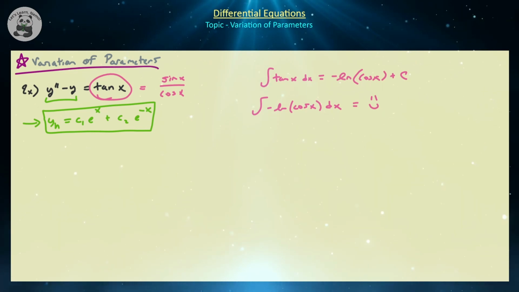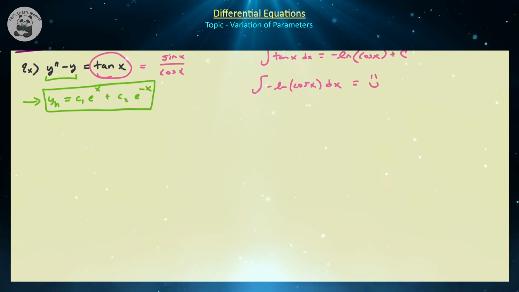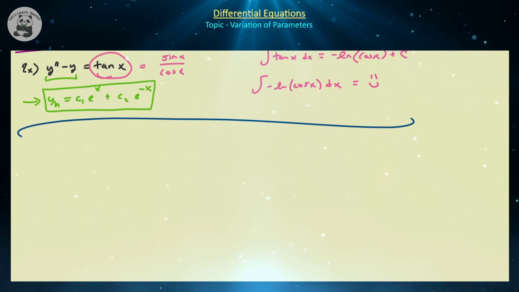But if it were some other functions that behave nicely under differentiation and iterative differentiation, then it's a little bit easier to guess, which is where this next method, which is sometimes referred to as the variation of parameters, comes into play.